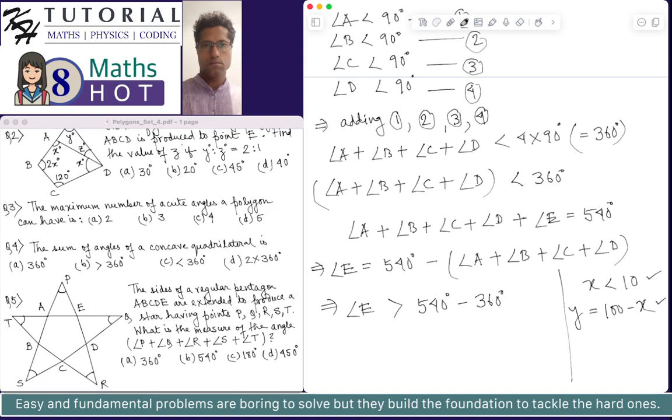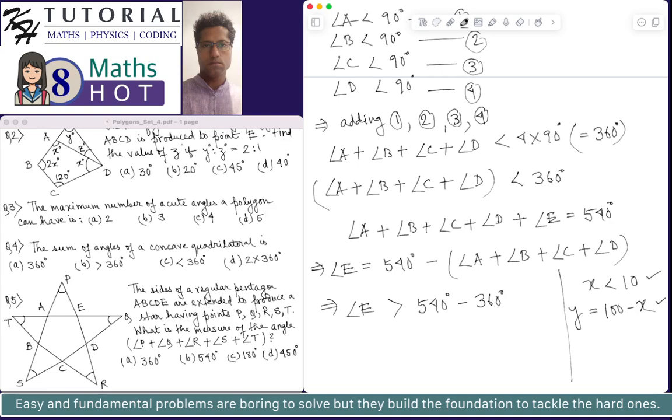The first result is an inequality: x is less than 10. The second is an equation: y is equal to 100 minus x. Now, if y is equal to 100 minus x, what can we say about the value of y when we know that x is less than 10?